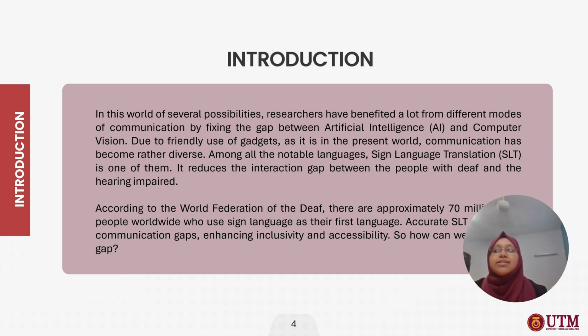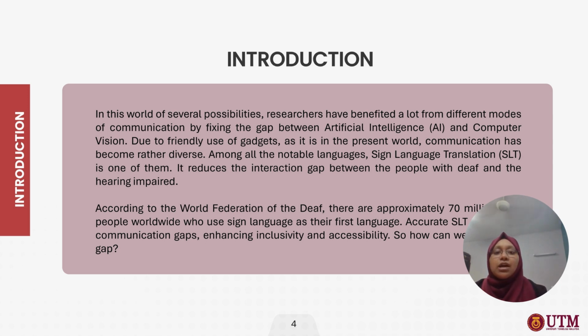It reduces the interaction gap between people who are deaf and mute impaired. According to the World Federation of the Deaf, there are approximately 70 million deaf people worldwide who use sign language as their first language. And accurate sign language translation can actually mitigate the communication gap. So, why not make something good out of it?